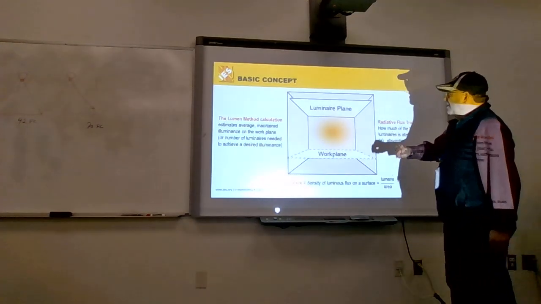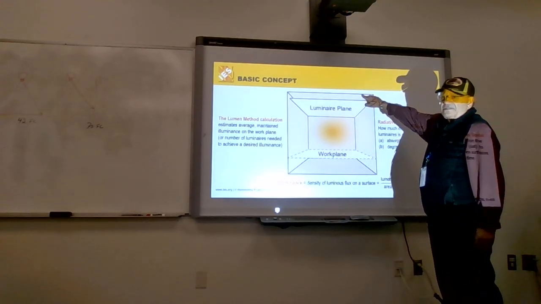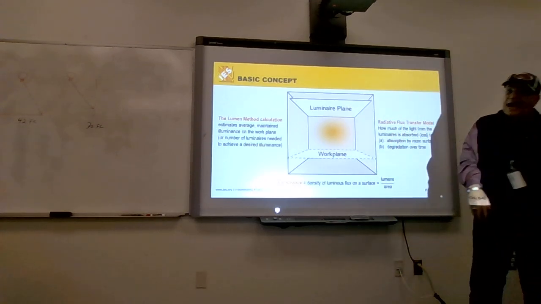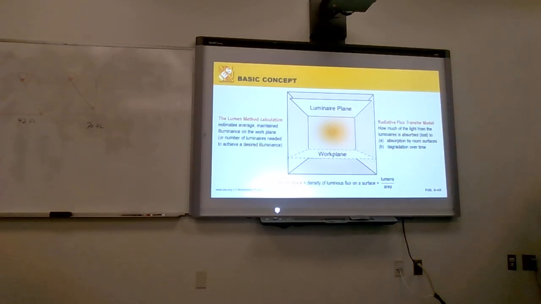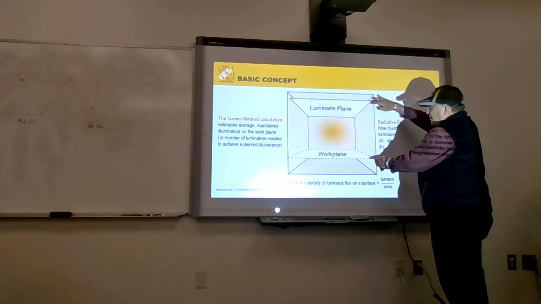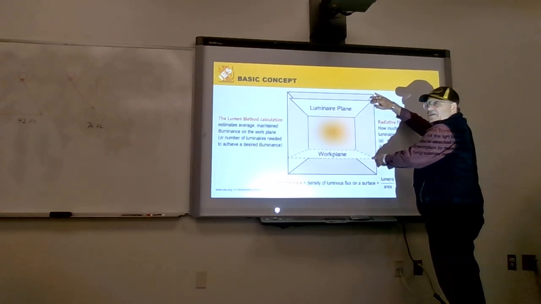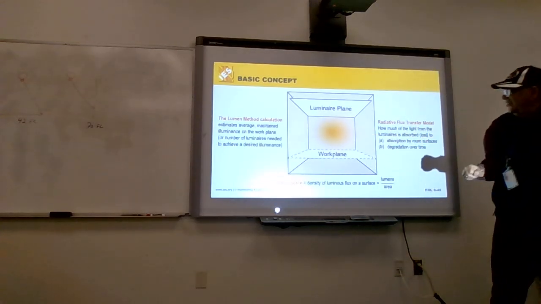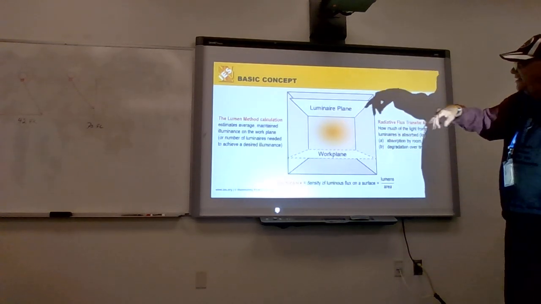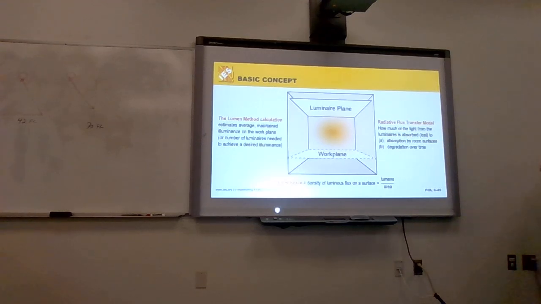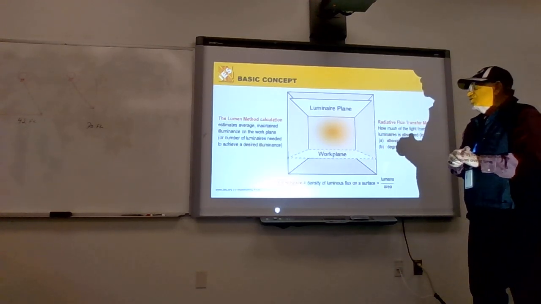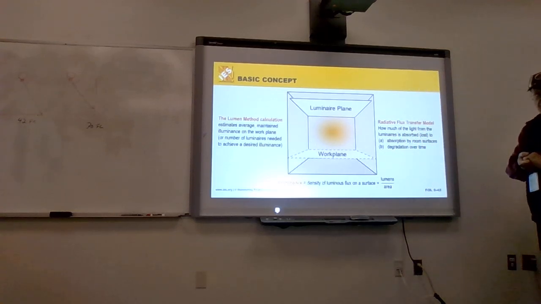Now, as you can see, we have top of the room, this is here, but the luminaire may be dropped down below the top of the room. Okay? So the distance between here is what we need to calculate, right? So the lumen method estimates the average maintained illuminance on the work plane, or it predicts the number of luminaires needed to achieve a desired illuminance.